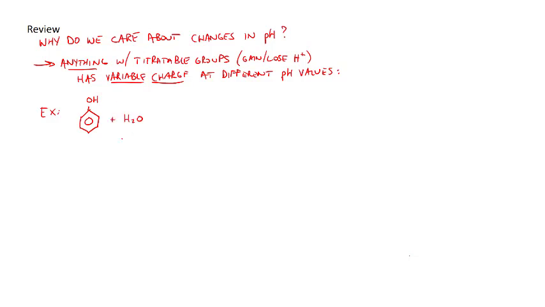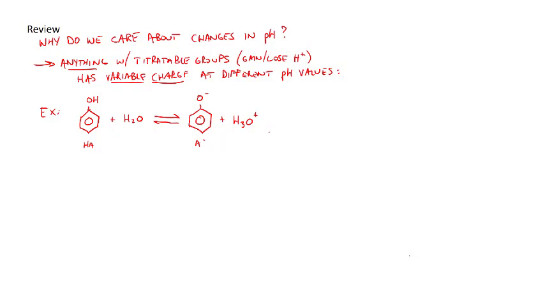So phenol is a weak acid. Water is a weak base. And if you have phenol in water, you're going to have an equilibrium in which we have lost our proton and we have an H3O+. This would be our conjugate base.